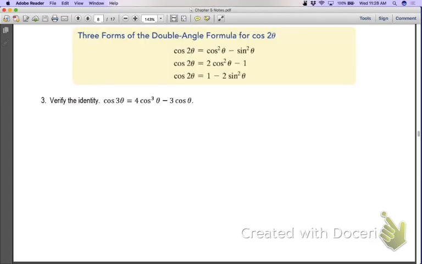All right, there are then three forms of double angle formulas for cosine of 2 theta. Different ways you can write that.